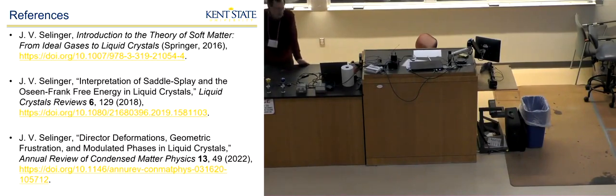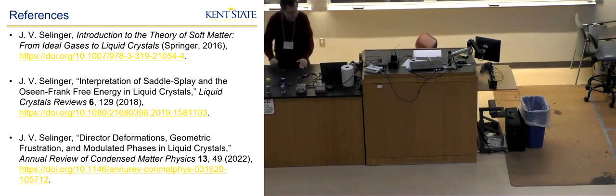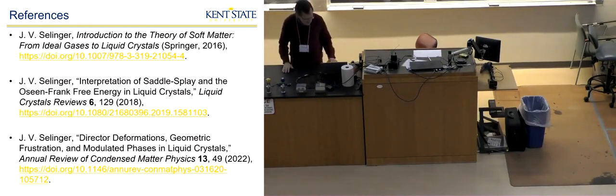And then there are a couple of review articles that I've written about elasticity and about modulated phases in liquid crystals. Work about defects is a book that I'm writing this year, so that'll come out next year, I hope. And you can buy it then. Ha ha ha.